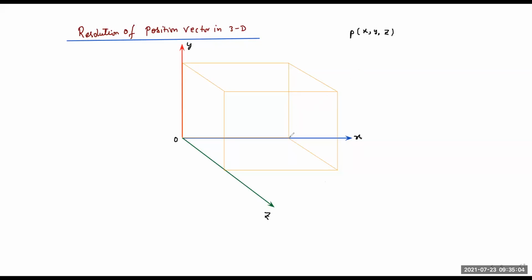If I consider this point, it is part of the xy plane, so we write x, y, 0. And if I want to write this point, I can write 0, y, 0. If I want to write this point, what can we write? Can you guys guess?